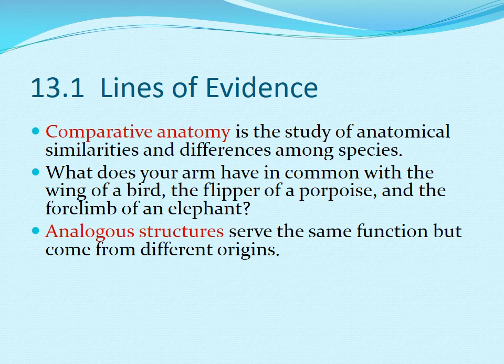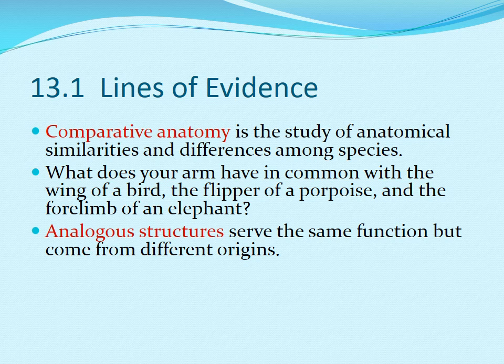There are two terms that I want you to be able to recognize. One is analogous. An analogous structure is something that has a similar function, but did not necessarily evolve from a common ancestor. Okay? That is similar to what we were just looking at on the last slide with the picture of the moth wing and the bird wing.